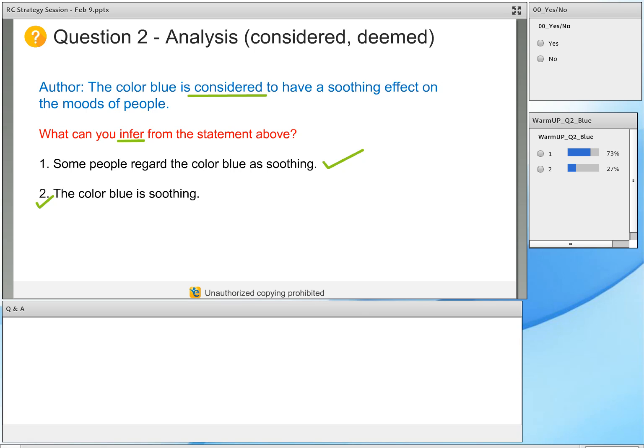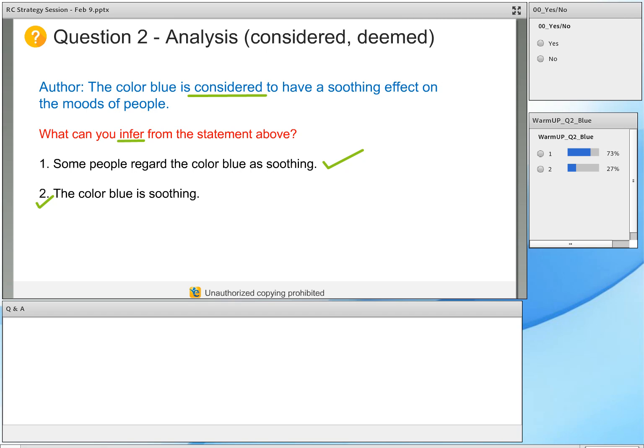The author believes in facts, so if the author has stated a fact, that fact can be inferred. Essentially, an inference question is always asking, what does the author believe in? Whenever you see an inference question, translate it into that, and you are going to get to the right answers.